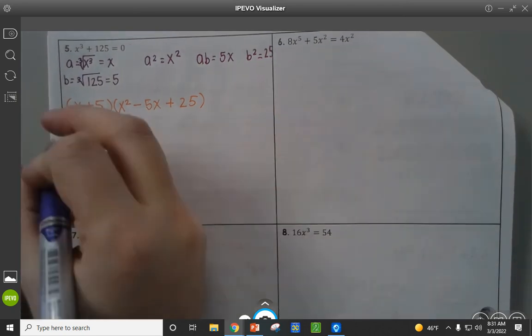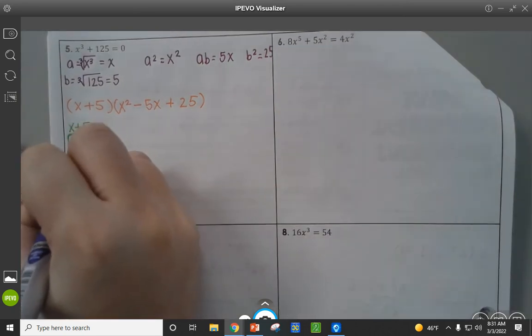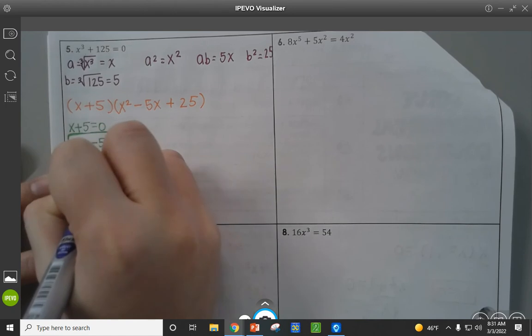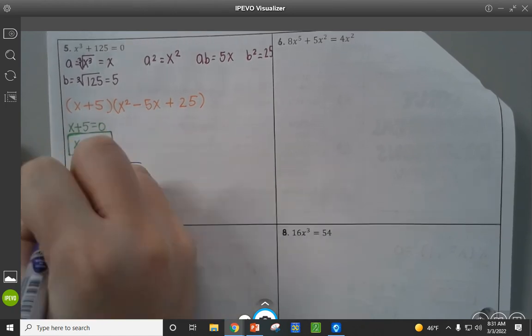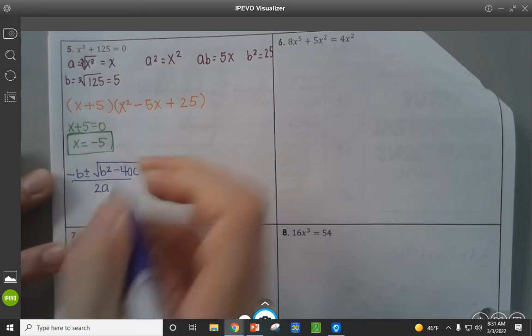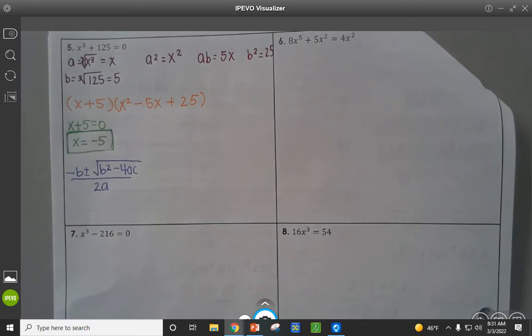I'm going to jot down the quadratic formula for you. There's your formula in case you need it.